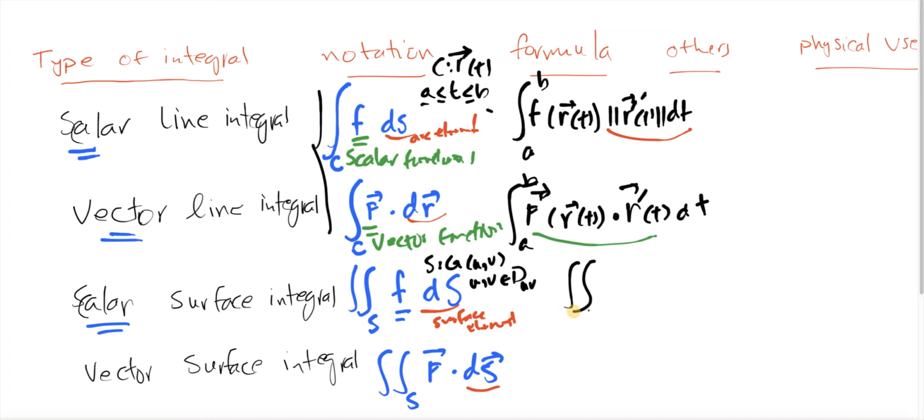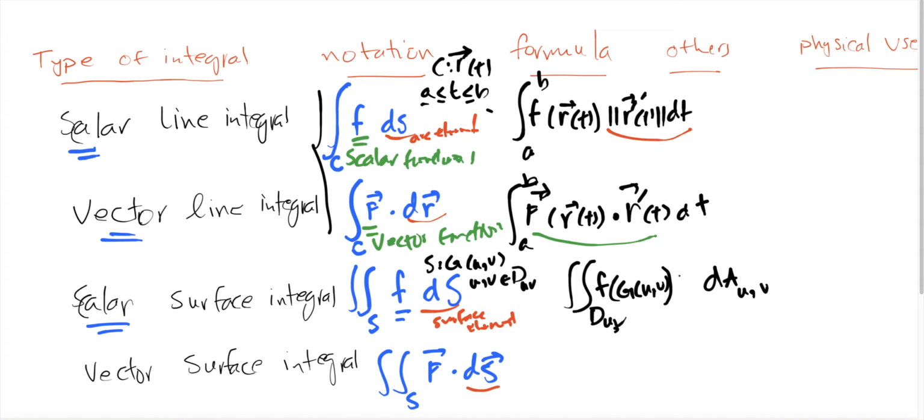So the surface integral becomes a double integral over D, dA in u and v. Why? Because I'm parameterizing F at G of u and v.